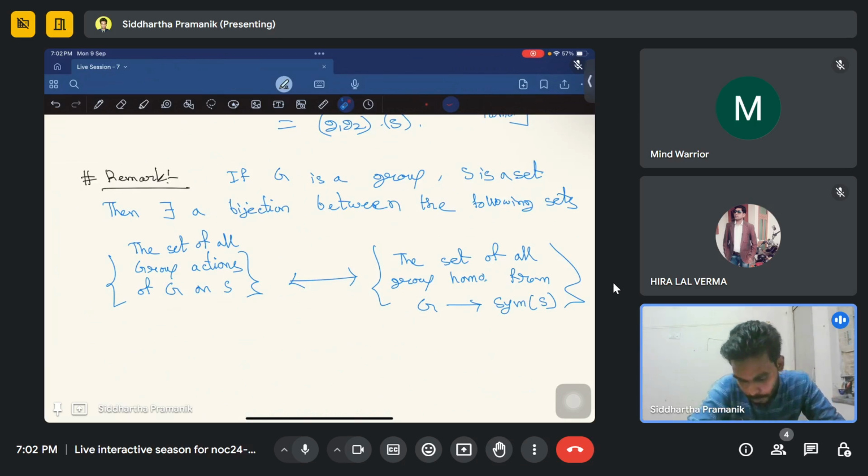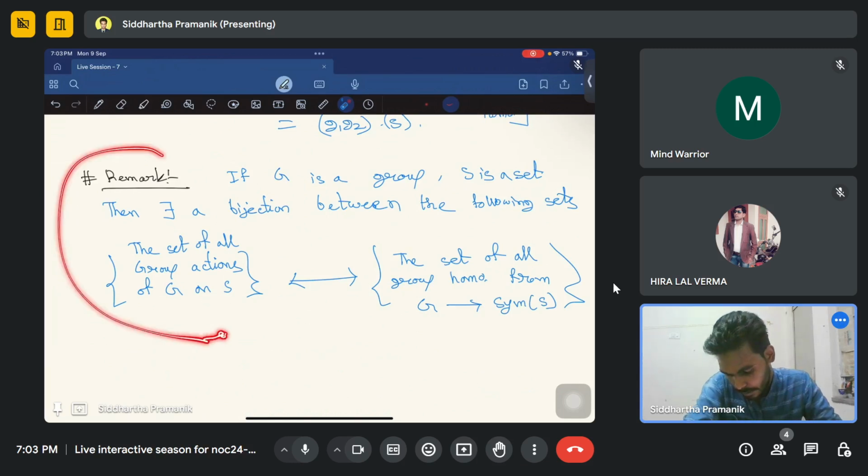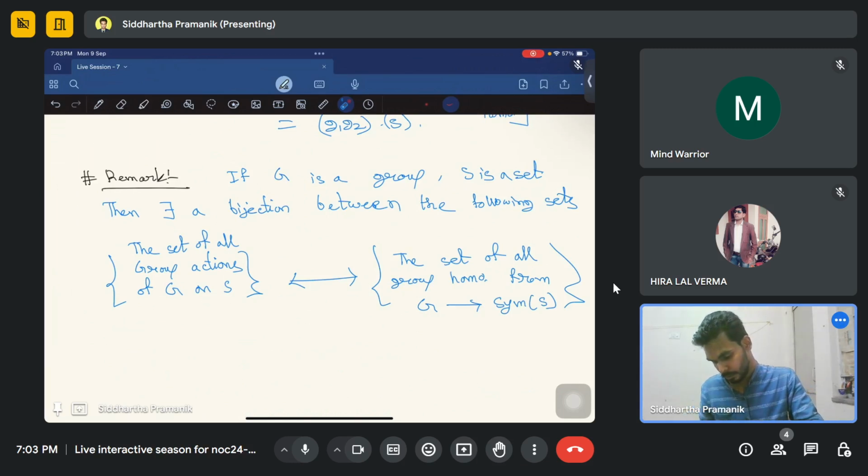I hope you have understood this. This remark follows from the previous two problems. So you just remember that these two sets are in bijective correspondence.